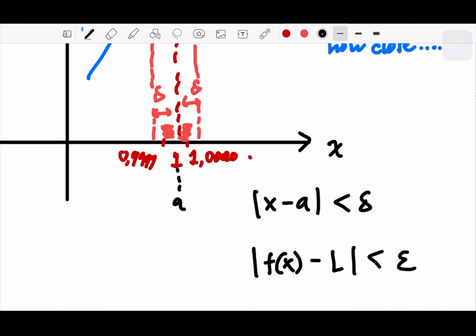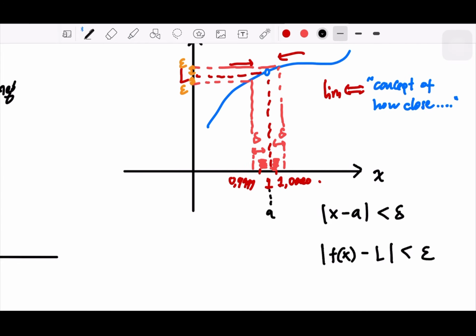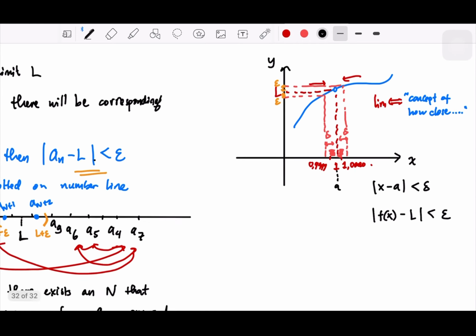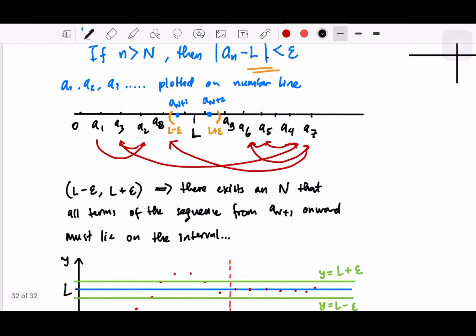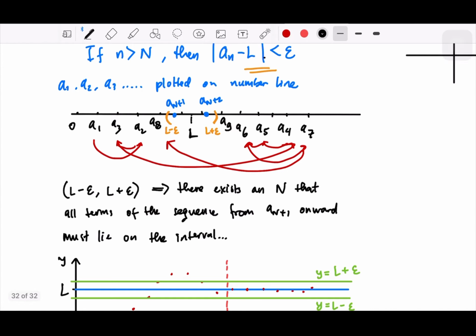There will be some delta, and when you put the delta inside this, it will also prove that it's less than m. Okay. This is just to symbolize, okay? And of course, in this sequence, that problem might happen.